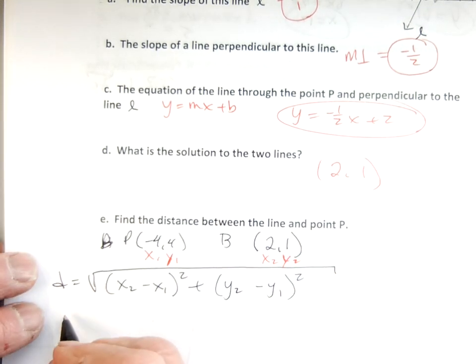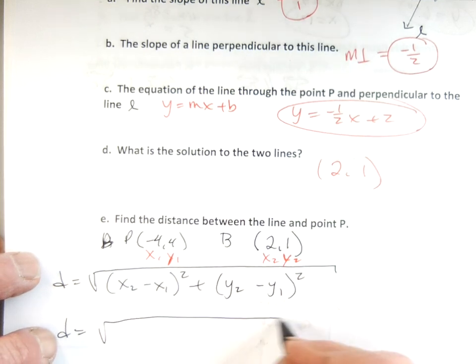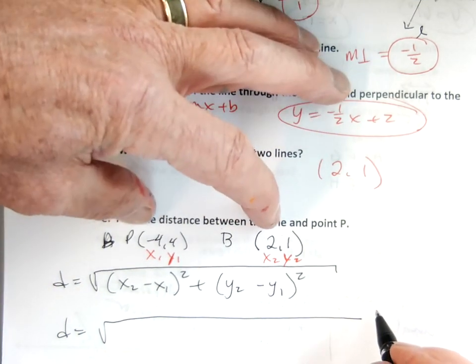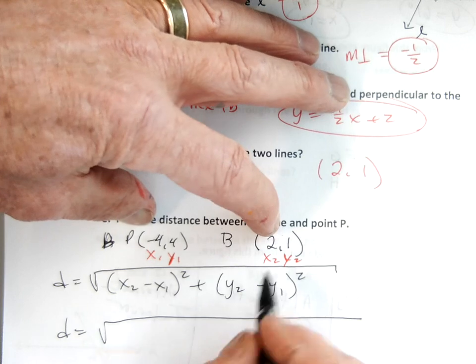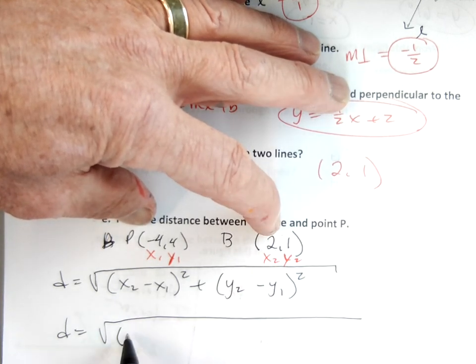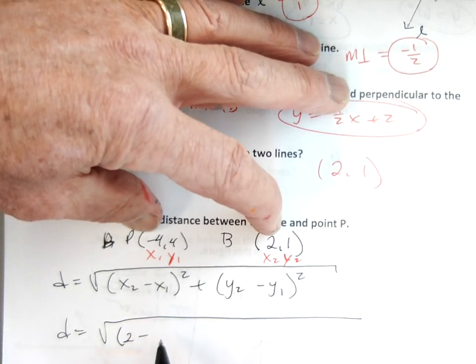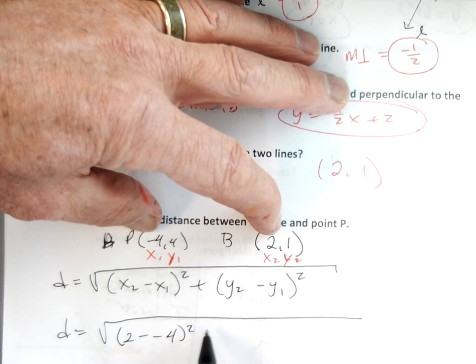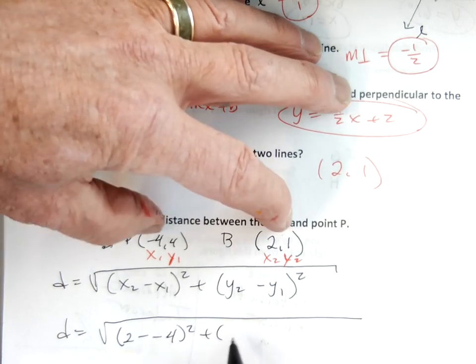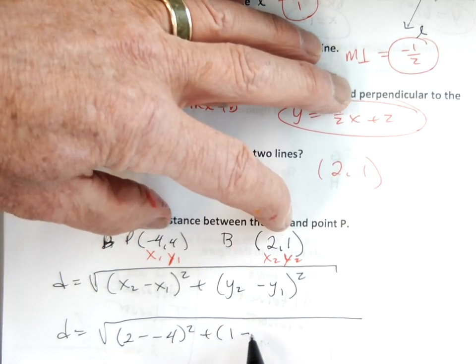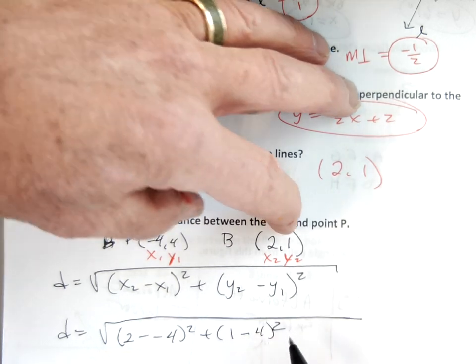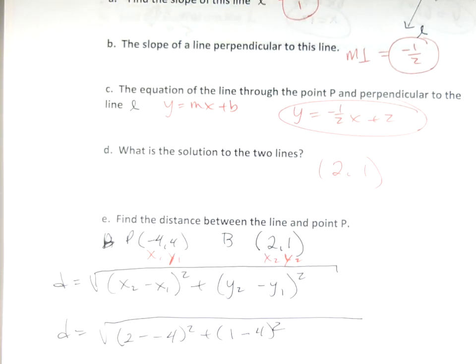I'm going to plug them in and I'll be done. So it is going to be parentheses 2 subtract a -4 squared plus a 1 subtract a 4 quantity squared. I've plugged them into the distance formula.